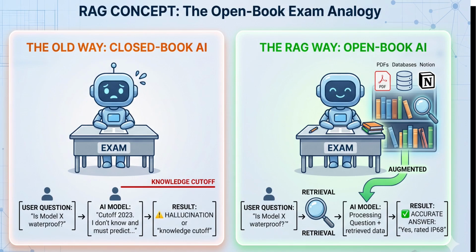Imagine you are sitting in a room taking a very complex exam, but there's a catch: you have to take this exam closed book, and you have studied maybe months back, right? So if the questions are coming from recent events or recent findings, you haven't seen them.